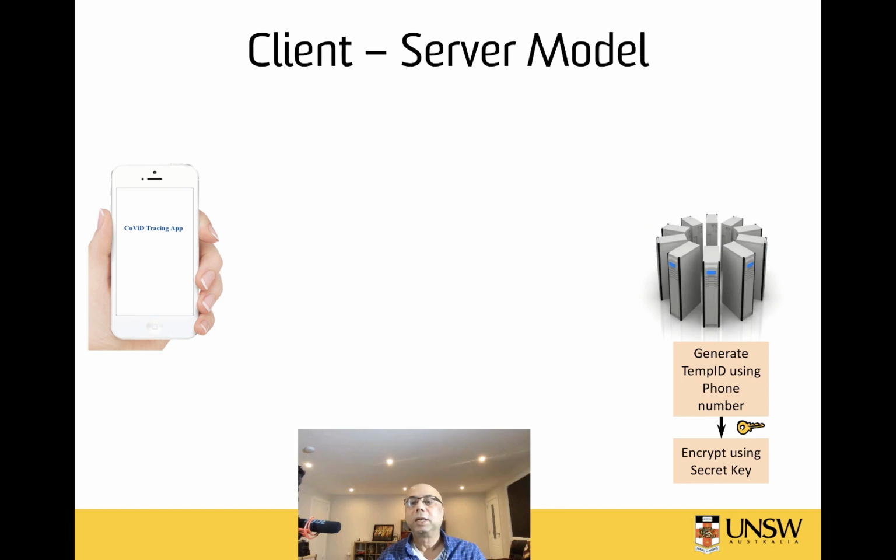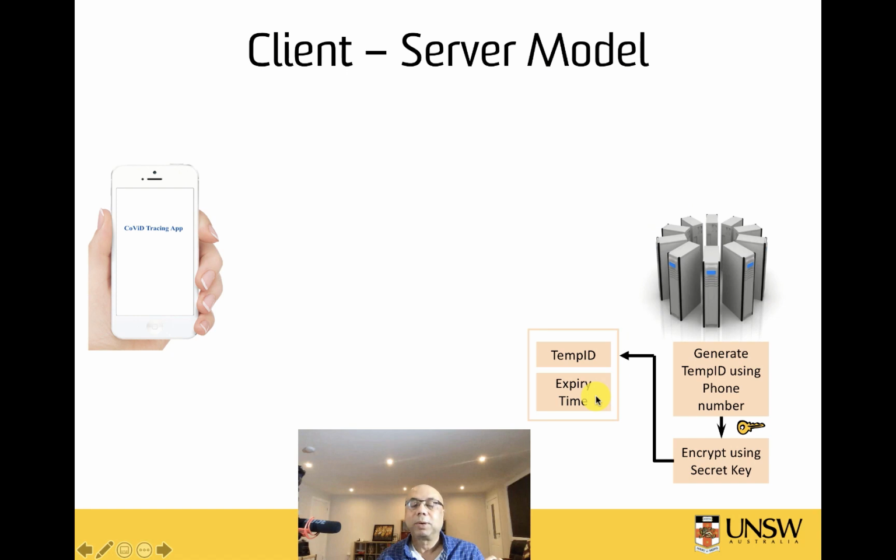So once this information is stored in the database, it's going to generate what is called a temporary ID. And that basically links your record, whatever phone number and postcode, etc., that you have put in, to the server. Now, even this ID is not sent in plain text. The health authorities have a key and they encrypt it, so it comes as encrypted data, and that is called the temp ID.